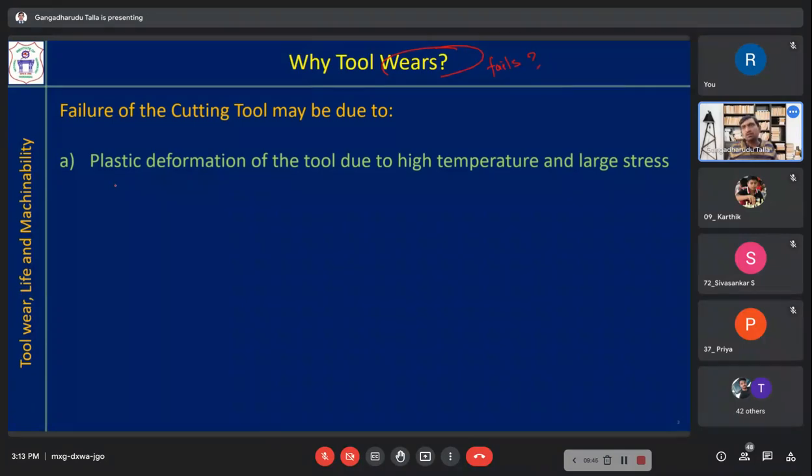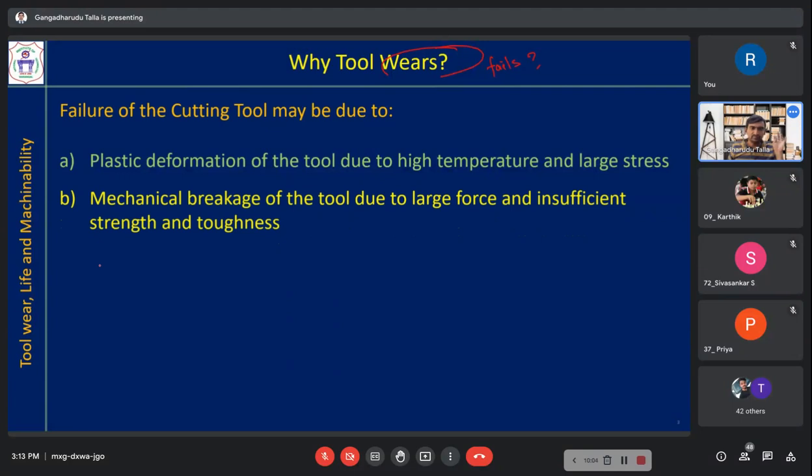And at the same time, there is a good amount of force between the tool and workpiece. So that will lead to deformation at high temperatures. So first is plastic deformation.